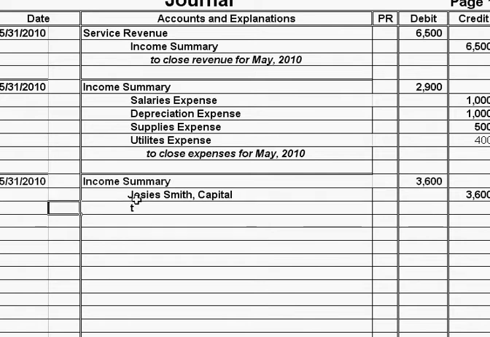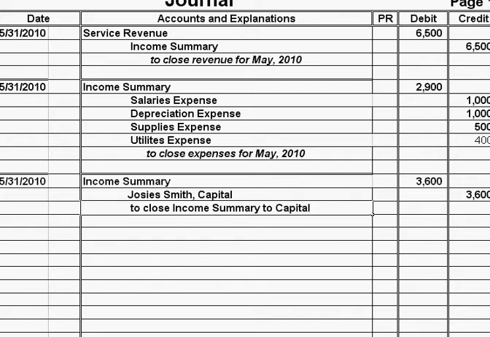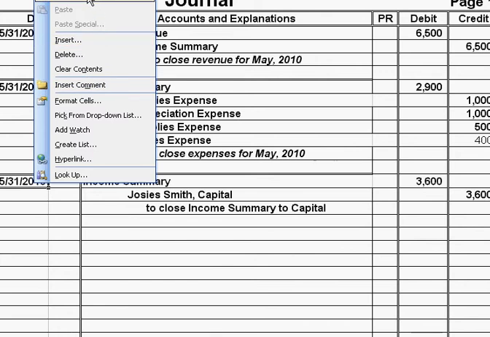Okay. Whoops. Income summary, okay. And there we go.